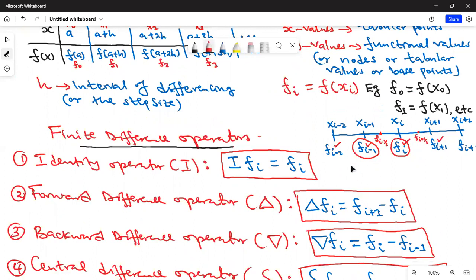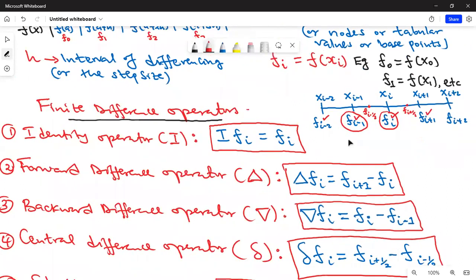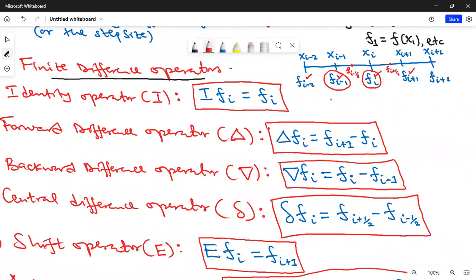It is current minus previous. Let me comment on this. This is next, it means next minus the current. But this one means the current minus the previous. That's very important.